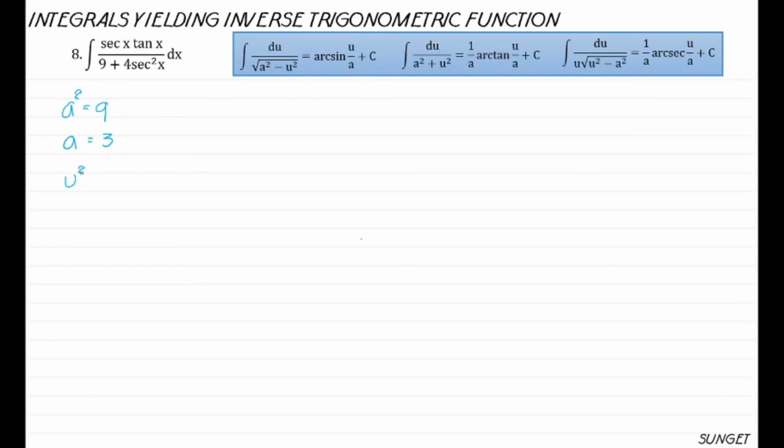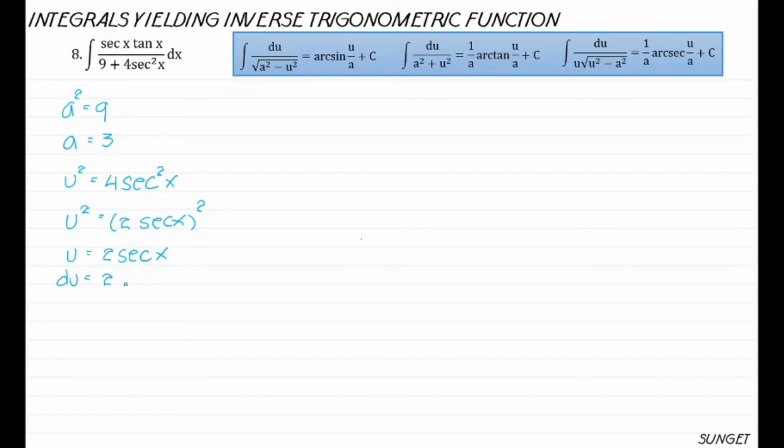Next, u squared is equal to 4 secant squared x, or u squared is equal to 2 secant x squared. Then get the square root of both sides. So u is equal to 2 secant x.